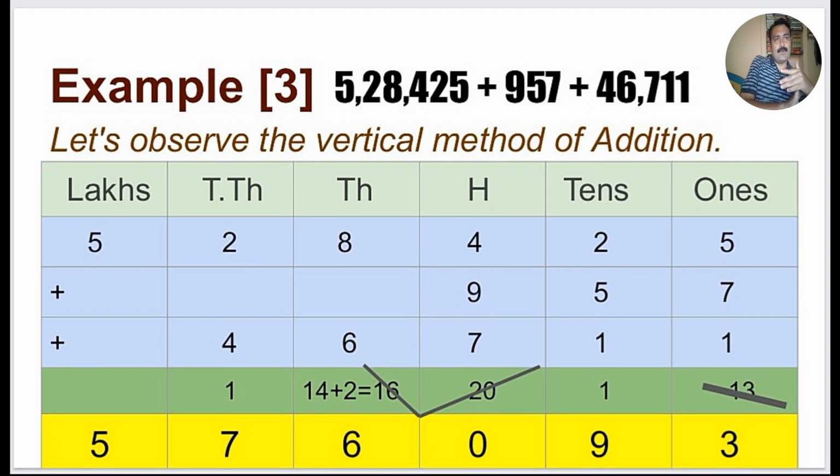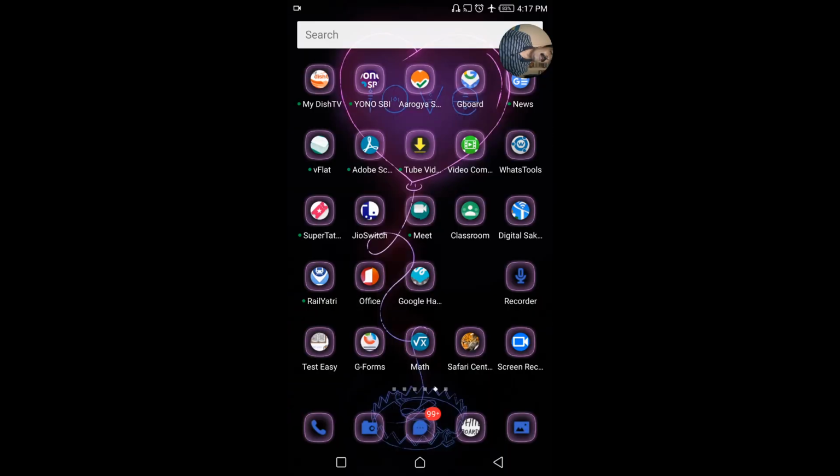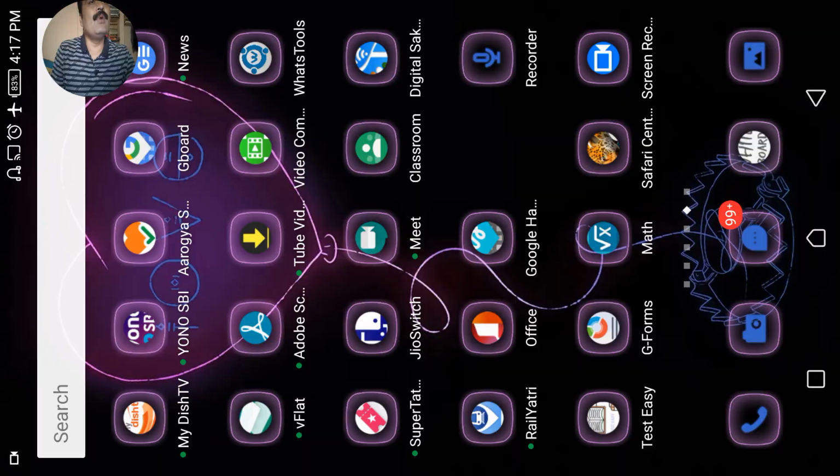But it is important that we should be able to add two or more than two numbers in the vertical method without making columns. Is it possible? So let's see how we can arrange the given numbers in the vertical method without columns.